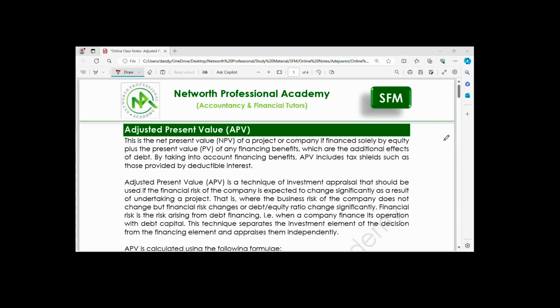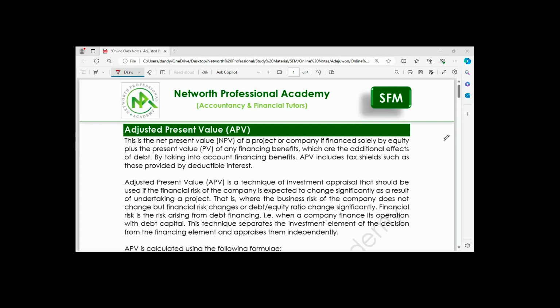However, what makes APV unique is the fact that if issue costs or subsidized loans are given in a question, then you should know that you are supposed to use adjusted present value to appraise the project, because NPV does not make use of subsidized loans or issue costs.